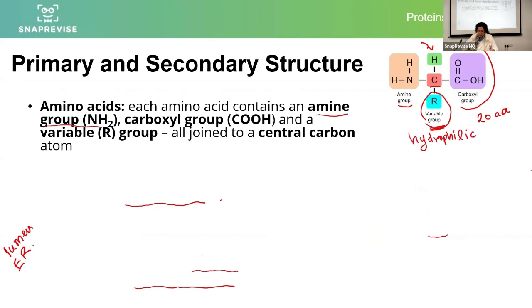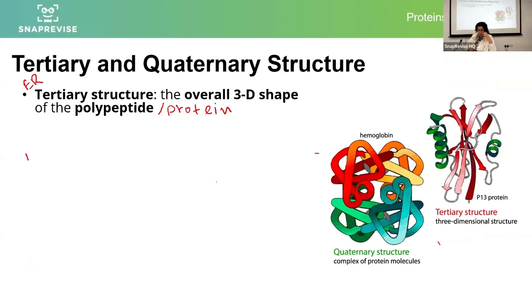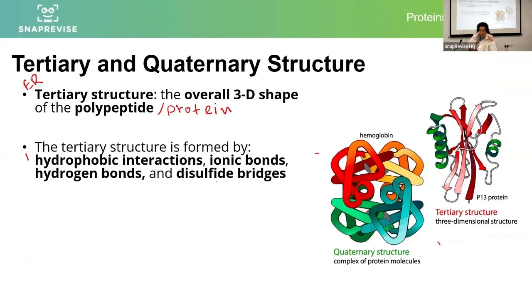It's polar usually, or it can be hydrophobic. And if it is hydrophobic, it's going to tend to bury itself at the central core of the protein to avoid the aqueous environment of the cytoplasm. So hydrophobic interactions basically mean that you may have two amino acids that have a hydrophobic character in the R group, and they're going to sort of push the protein to fold in a certain way.